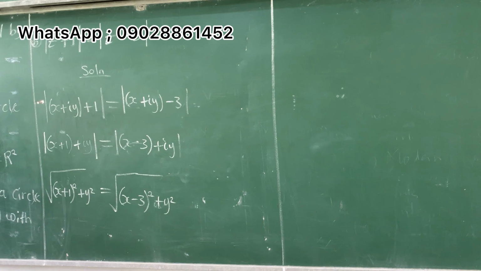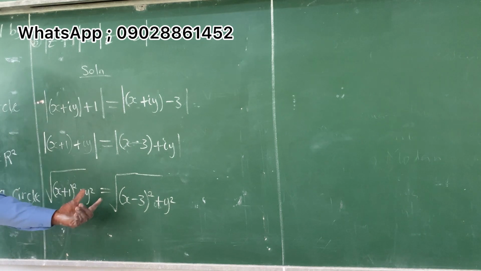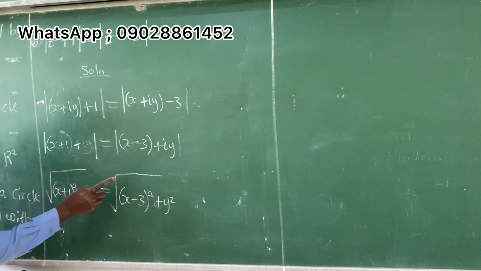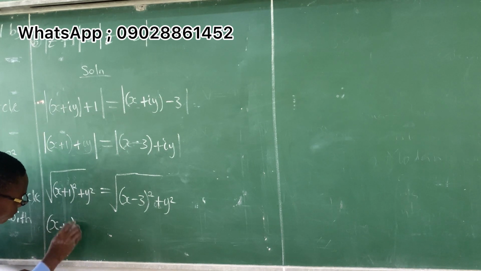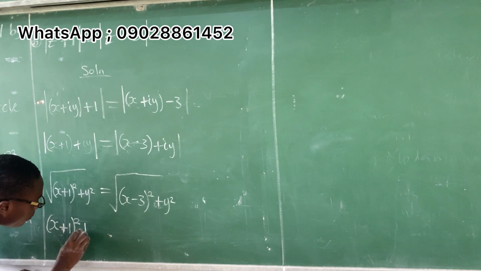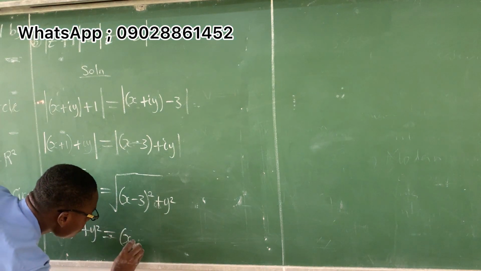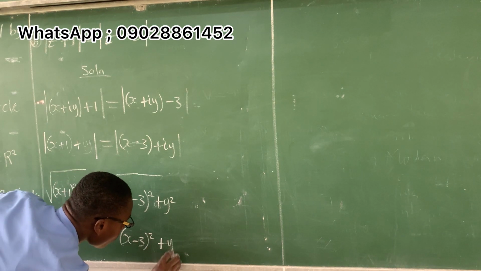And for us to be able to further simplify this, we have to square both sides to eliminate the square root. So squaring both sides, we are going to have x plus 1 all squared plus y squared equals x minus 3 all squared plus y squared.